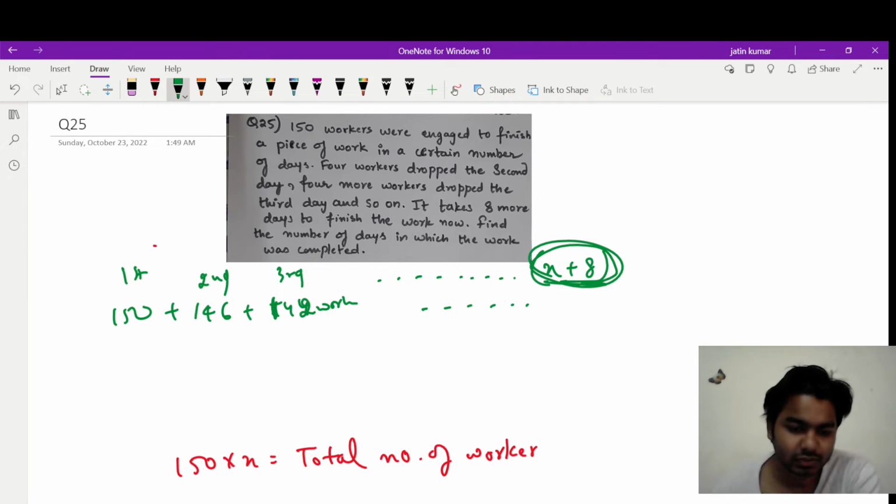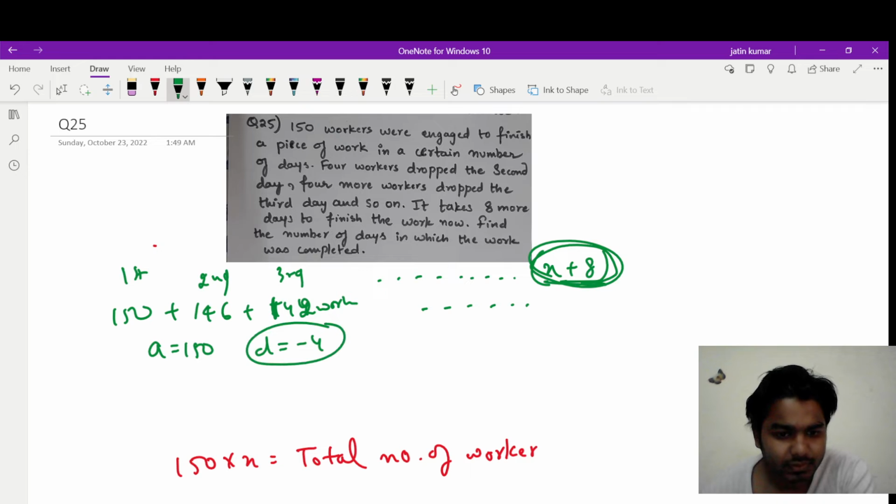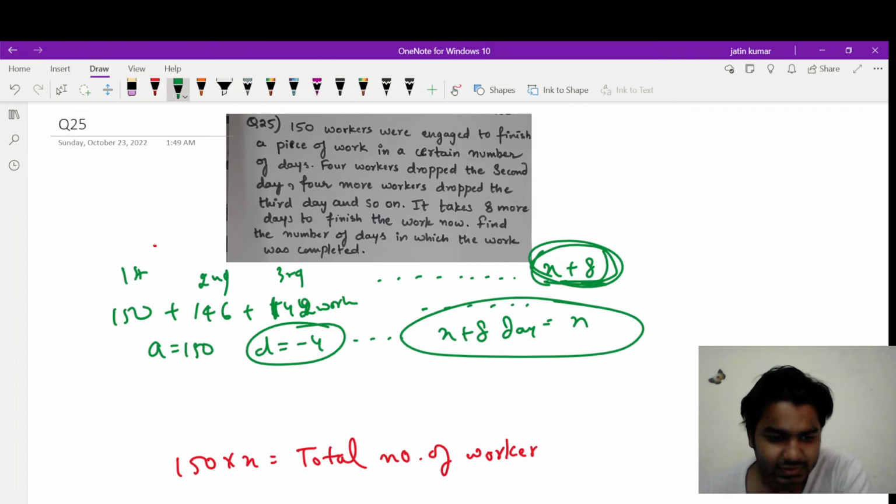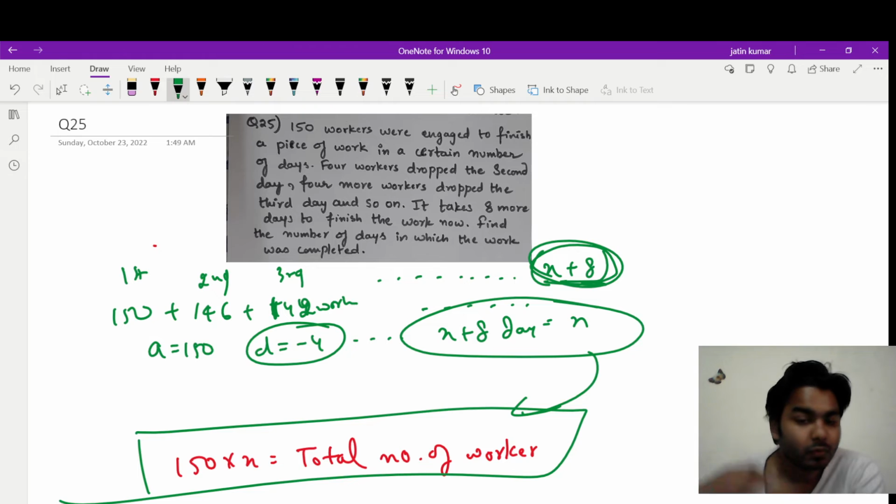For getting our total number of workers we have to add all these terms. We have a as 150, d as minus 4, and till x plus 8 days, so this is our n. Simply put the formula, and this should be equal to 150 into x, because overall the total number of workers will remain the same, but the days will fluctuate. Initially they were taking x days, now they are taking x plus 8 days.